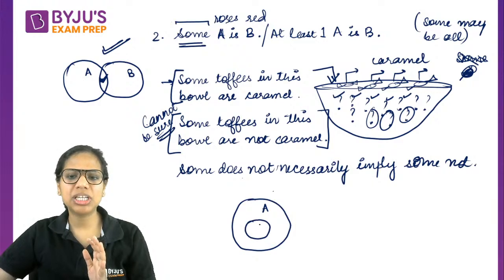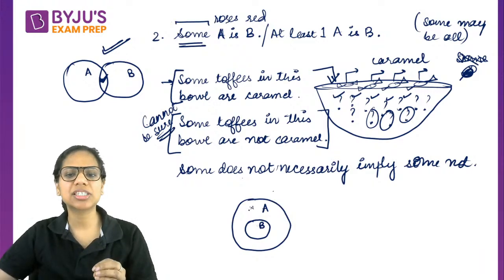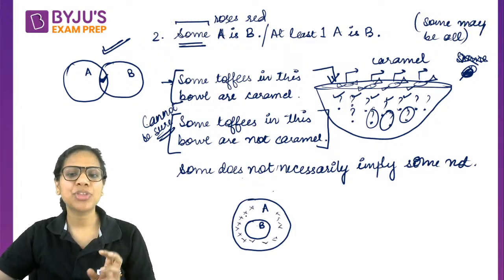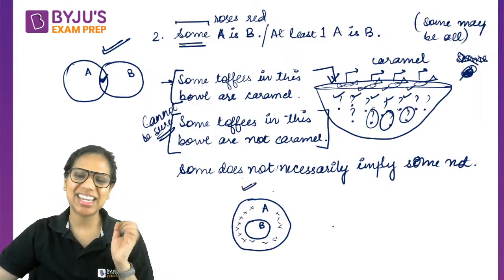Some A is B, B lies completely inside A. So some portion of A is B here. It is one of those cases where there is a portion of A that is not B also. So these two possibilities students intuitively agree with.